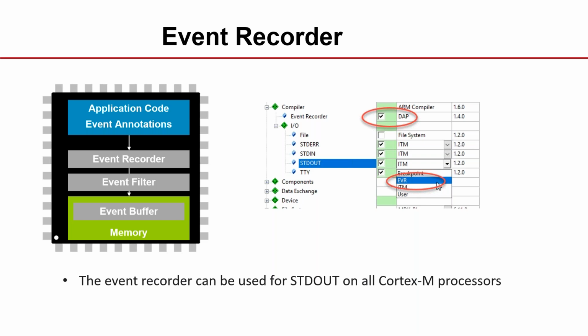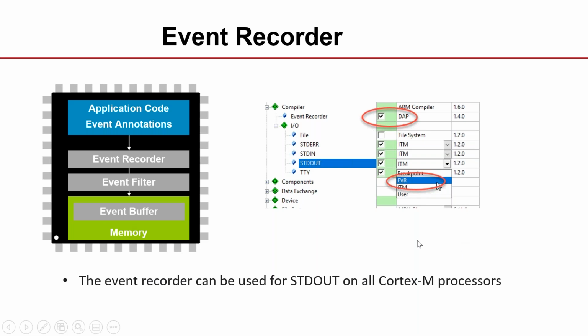Now, another feature in the debugger that's come in over the last few releases is called the event recorder. This works in a similar fashion to the micro trace buffer, but it's implemented in software. So what we're effectively doing is taking a bit of the user RAM and arranging that as a circular buffer. We can then instrument the code with event annotations, and when they execute, they write into the event buffer.